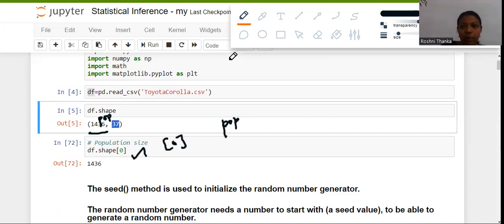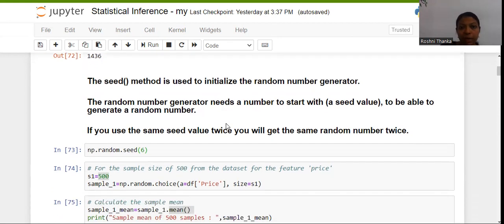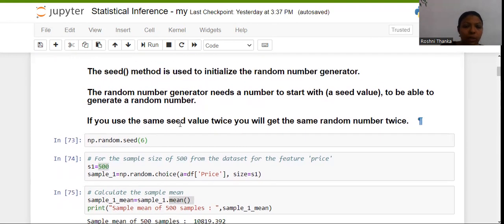Now from this population, I'm going to randomly choose some sample and calculate the mean, and with the help of the mean, I'm going to find the range, the lower limit and the upper limit, in which the population mean lies. For that I want some random values.